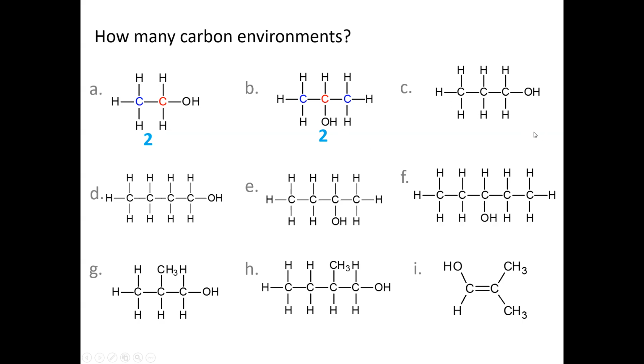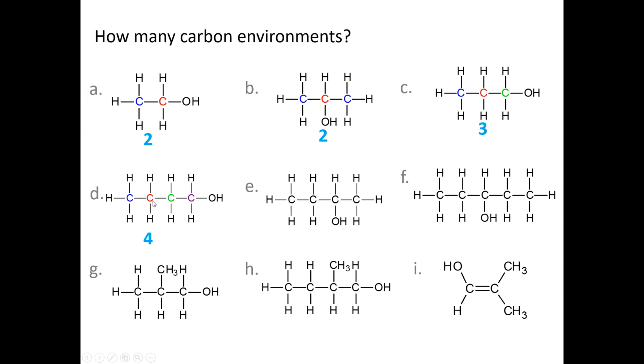Can you work out what this one is? Hopefully you'll see that each of these are bonded to different groups. So when I say a group, I mean an atom or an OH or something like that. So they are bonded to different things, and therefore there are 3 different carbon environments. Over here, it's the same thing.